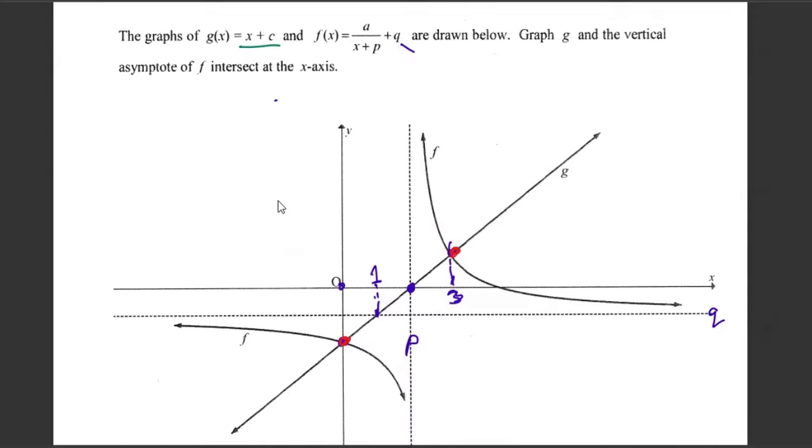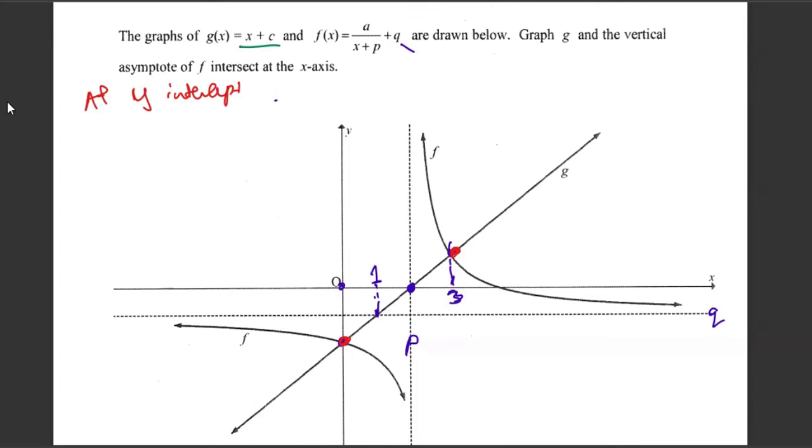When graphs intersect, it simply means that the graphs are equal to each other. So what does that mean? At the y-axis, or at the y-intercept, what is the g?